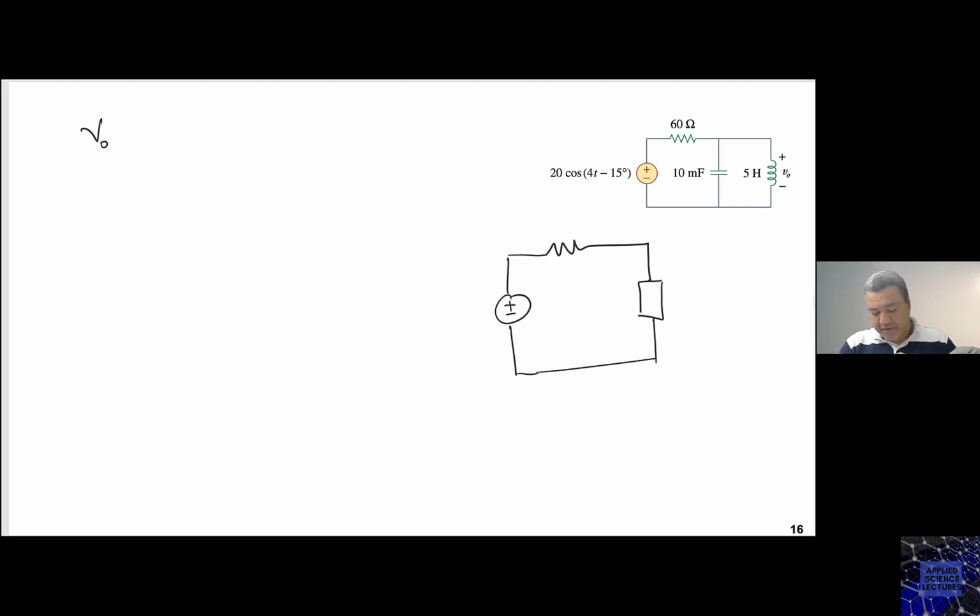Yes, why is it equivalent to an inductor? Because that has the higher value.